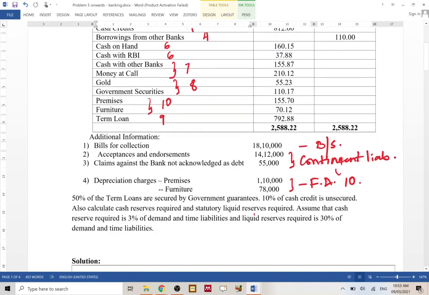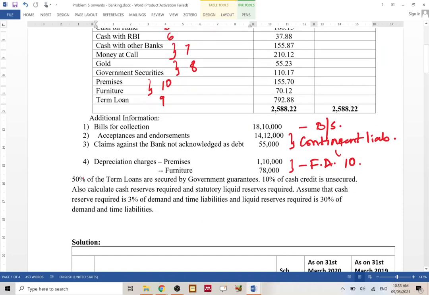And certain other adjustments, like they have told you how much of the term loans are secured by government guarantees. Okay, this is again, like I said, additional information which you have to show when you write Schedule 9, that so and so is the advances in Schedule 9, term loans are these many. You just have to show that information, that 50% of the term loans are government secured, the others are unsecured.